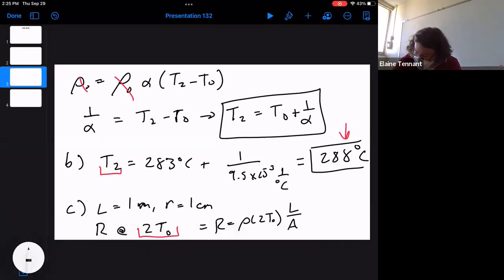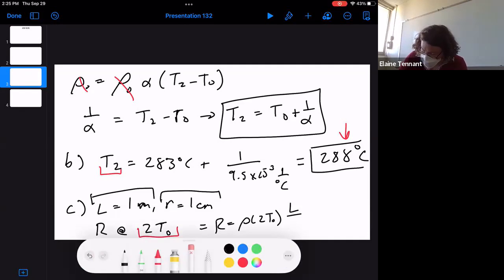Now we were given the length, but we weren't given the area, we were given the radius. How would we find the area if we had the radius? Pi r squared. We would say A equals pi r squared.